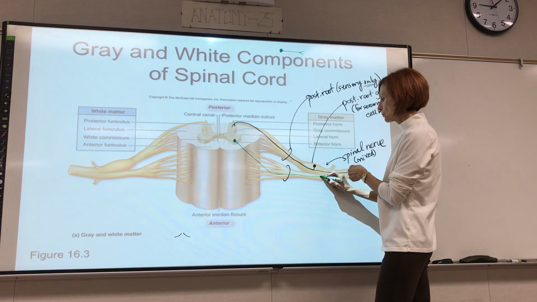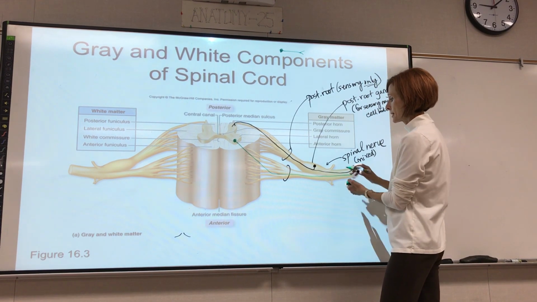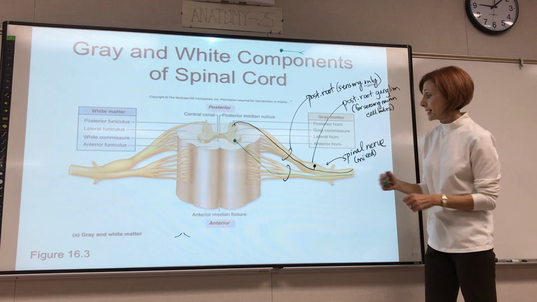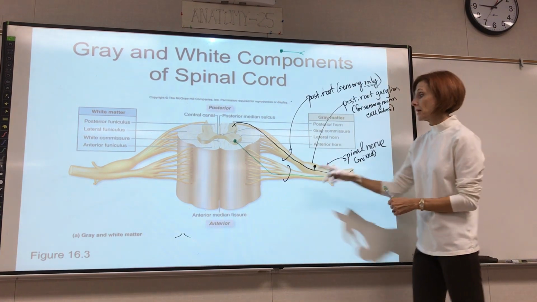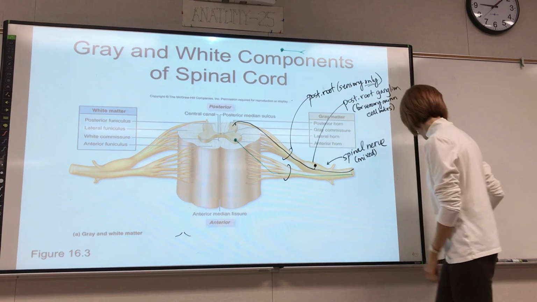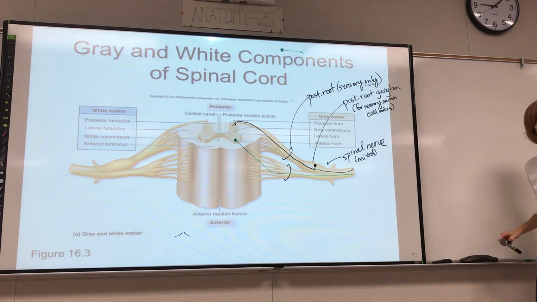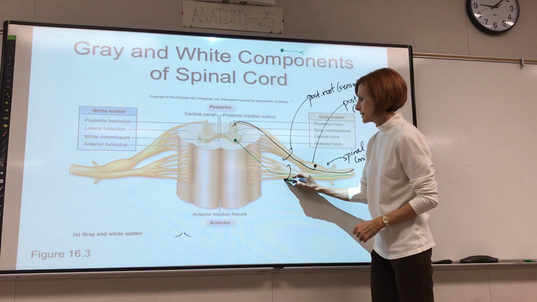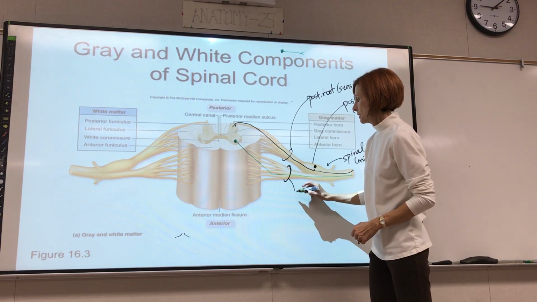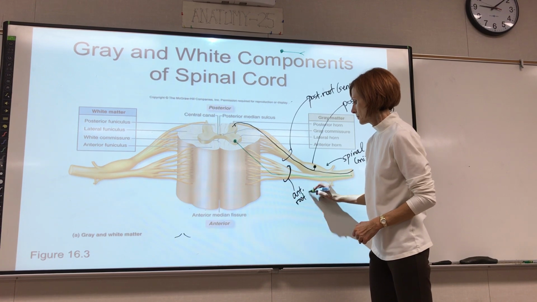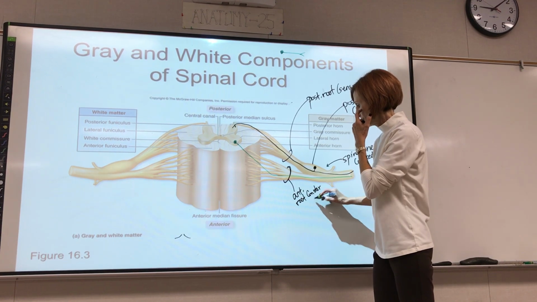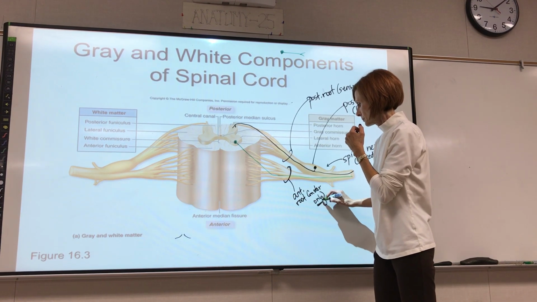Now those two roots are coming together here, forming the spinal nerve. So notice that the spinal nerve, again, ends up being mixed. But this anterior root is motor only. It contains the axons of the motor neurons. And that's all that we have in there.